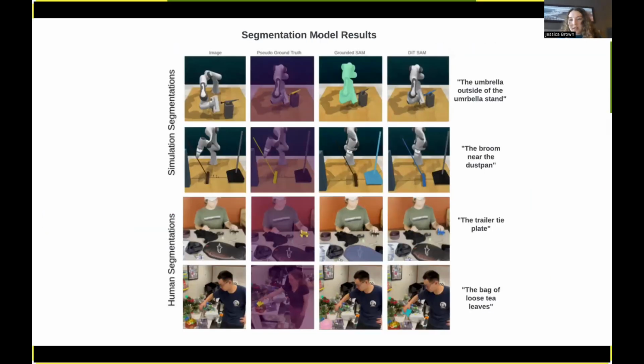Here are some results and their corresponding text prompts. We have both simulation results here and human segmentations. You can see in the last row that we even performed inference with a different person than was used to generate the pseudo ground truth tuning data.